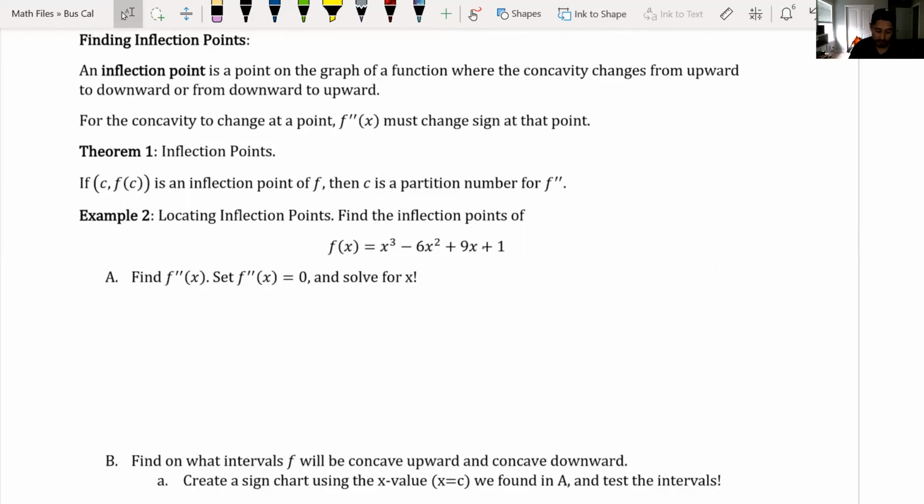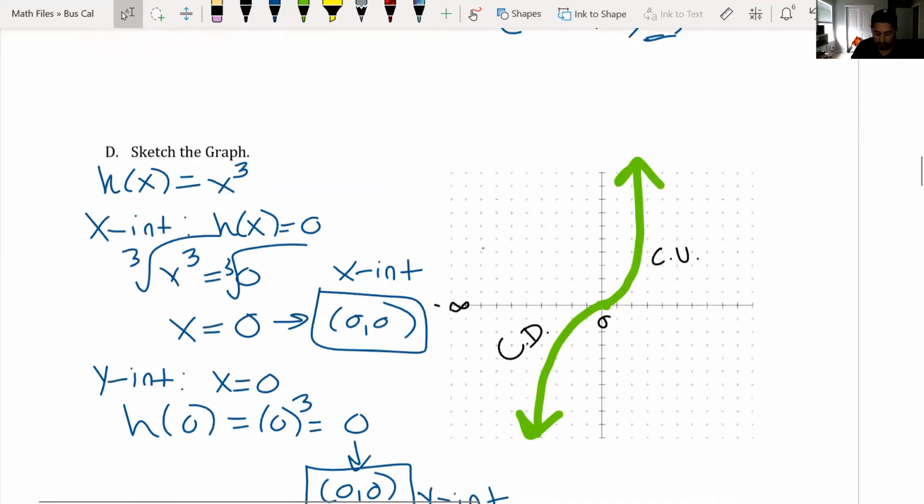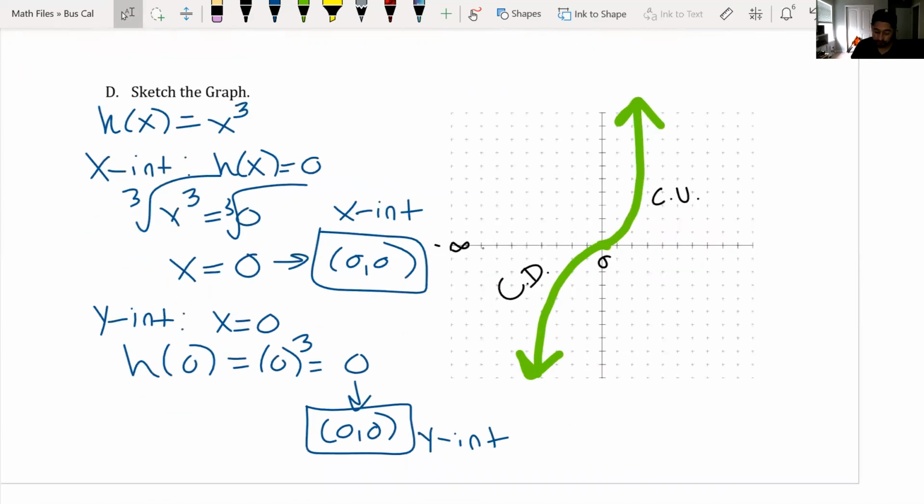Okay, so if we look back at our last graph, 0 would be considered my inflection point because we went from concave down to concave up. So concavity changed. This means that 0 was my inflection point because concavity changed.